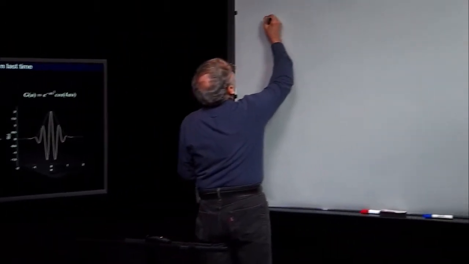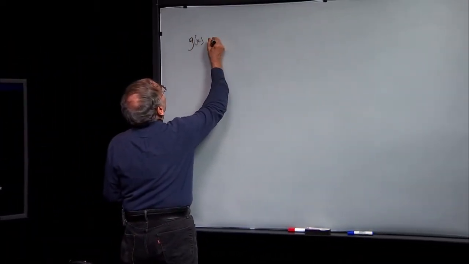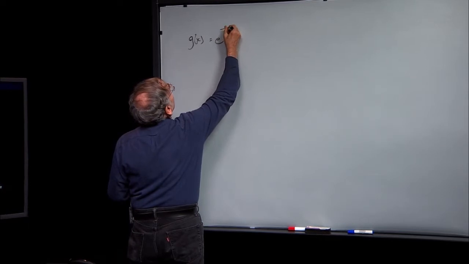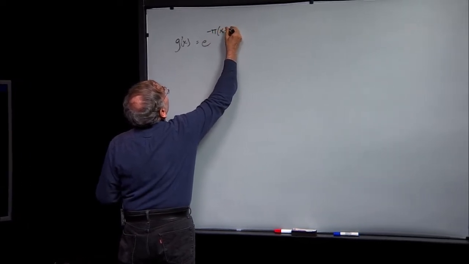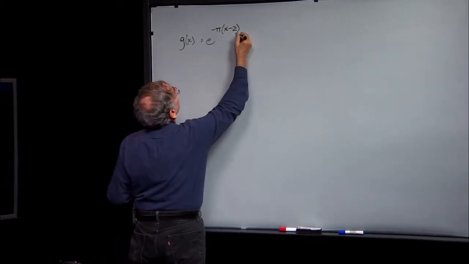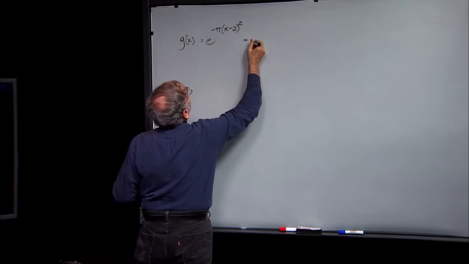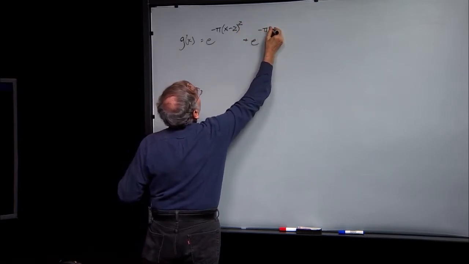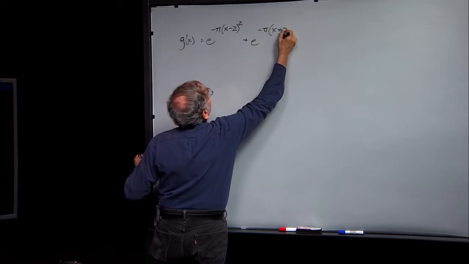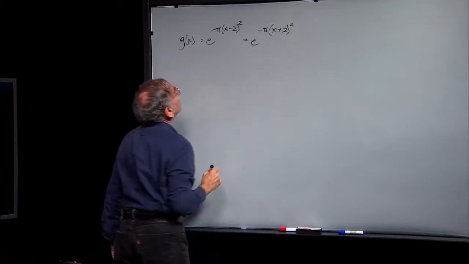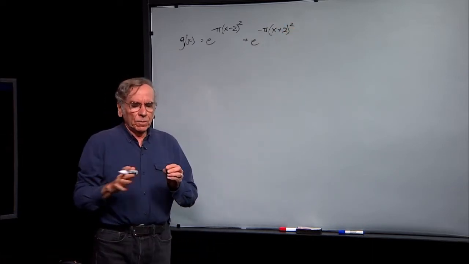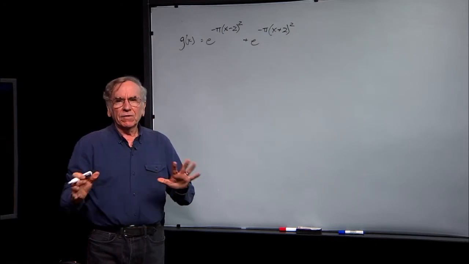So here's our g of x. It's e to the minus pi x displaced by 2 units, plus e to the minus pi x displaced by 2 units in the other direction. And we know what the Fourier transform of a Gaussian function is.